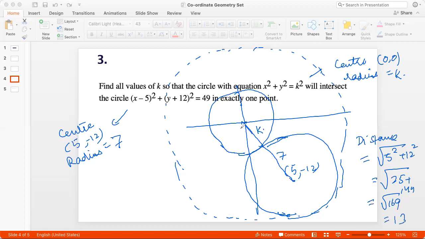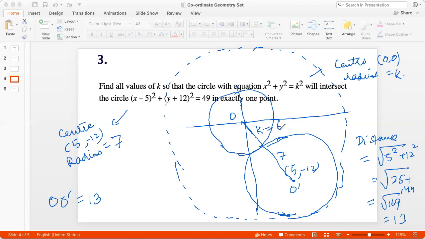So I know that, let's say this is O and this is O dash. I know that O O dash is 13. In which case k will be 6, right? Because the distance from O to O dash is 13, and part of that is the small circle radius and part of that is the big circle radius. So the small circle radius is 6.